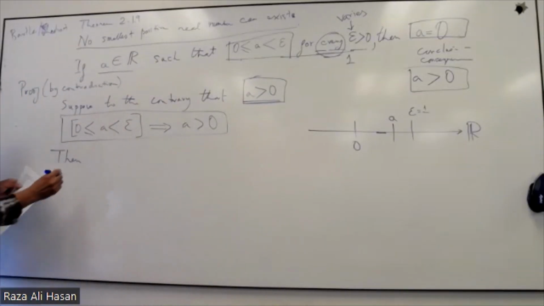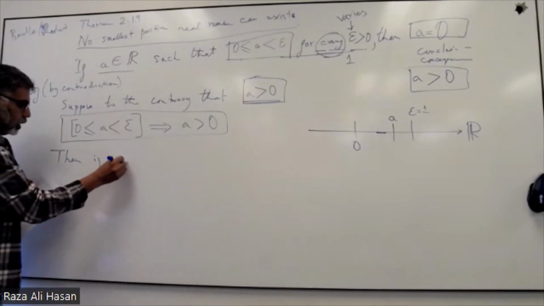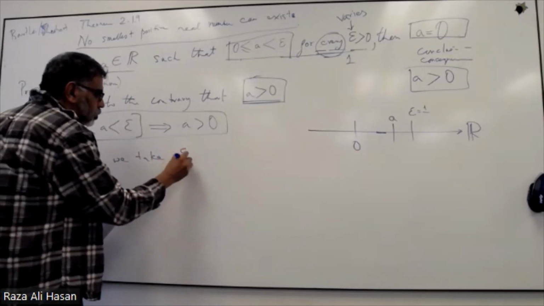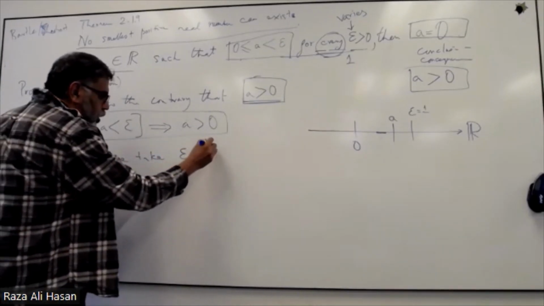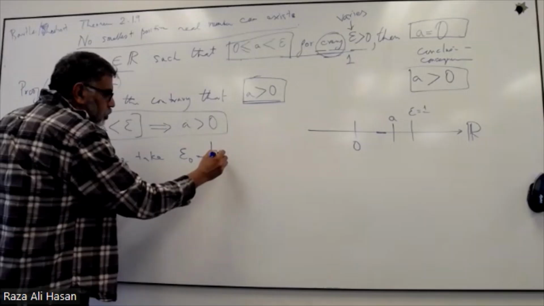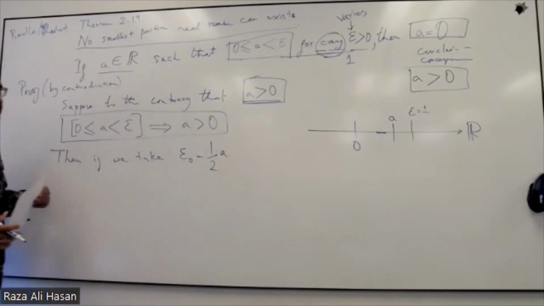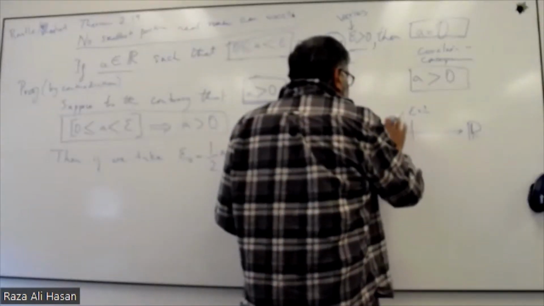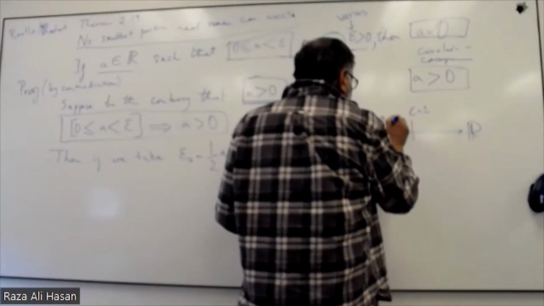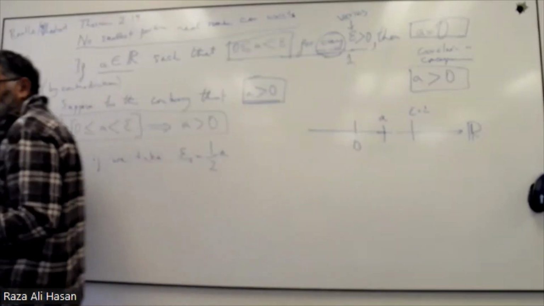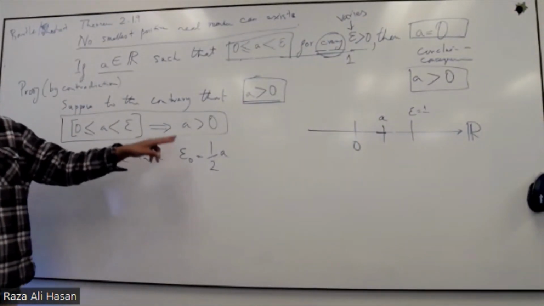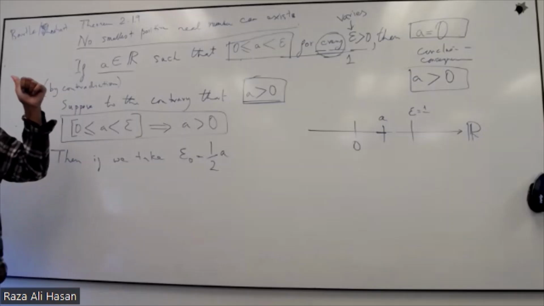So we're going to go, then if we take an epsilon equals, and we're giving it this value. So actually, let's put it back right here. So we've come up with a value. How many epsilons do we have right now?